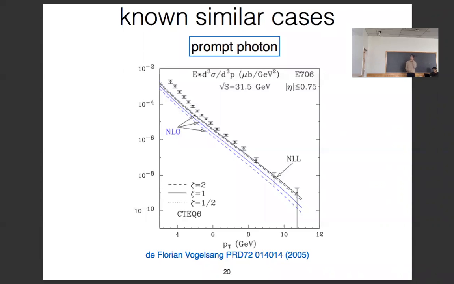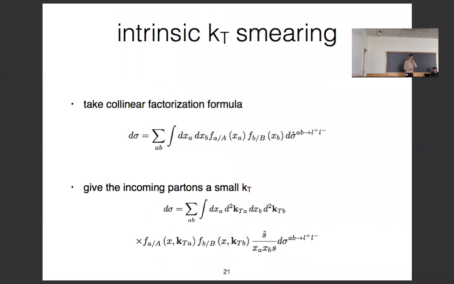So one thing that was done in this case to try to solve the discrepancy is the intrinsic kT smearing, which is a phenomenological model to try to approximate some power correction to the cross section.